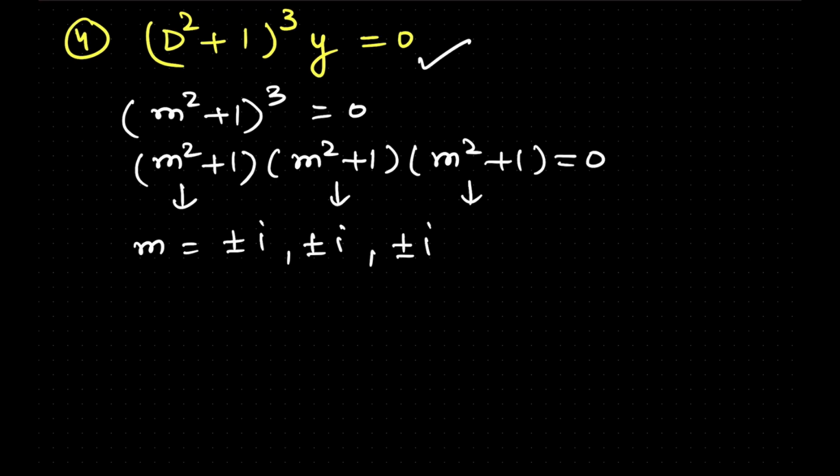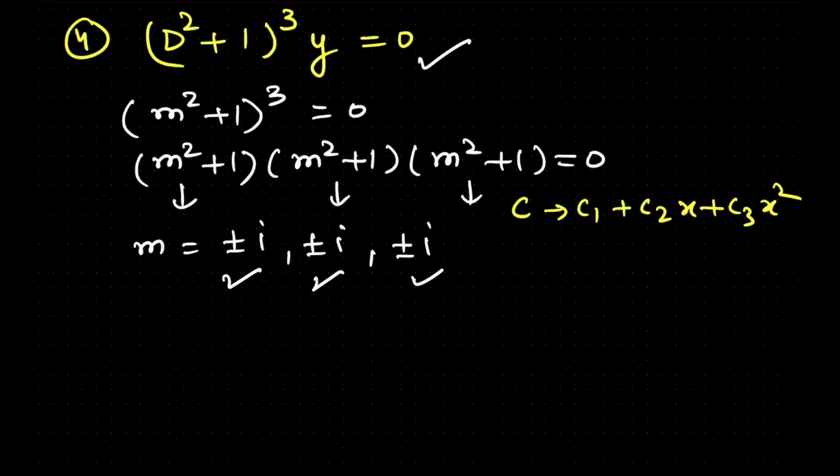So here you have 3 times repetition, 1 2 3, and in case we have 3 times repetition, we know that we replace our c with c1 plus c2x plus c3x square. Also our roots are imaginary. So first let's see how we will write for the imaginary one.